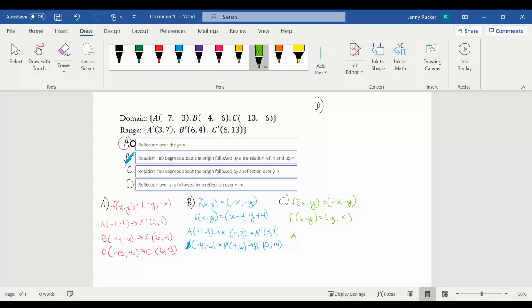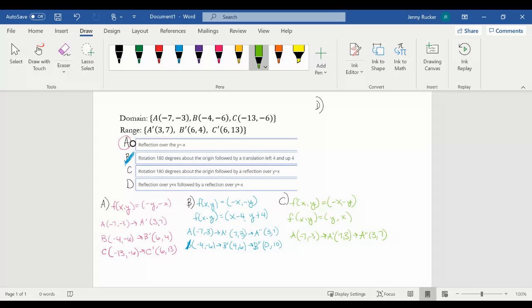So let's take a look at A. A was at (-7, -3). Applying our 180 rule, we've already done that, and that got (7, 3). Then if we apply the reflection over y equals x, that maps to (3, 7), which does work.